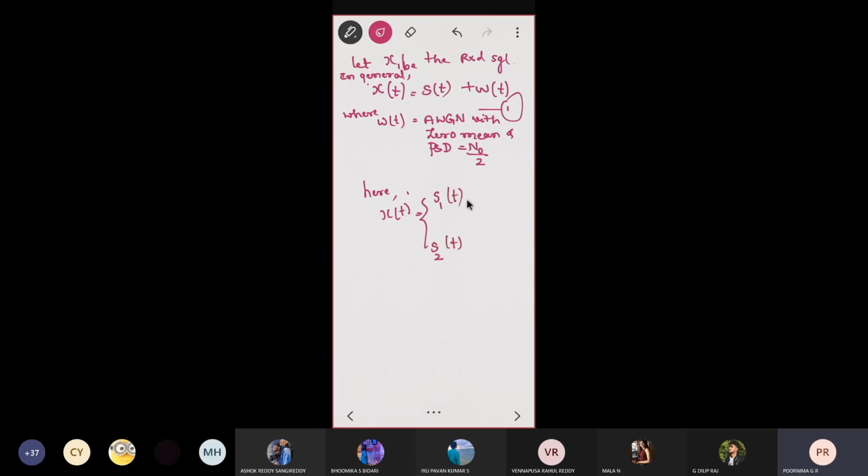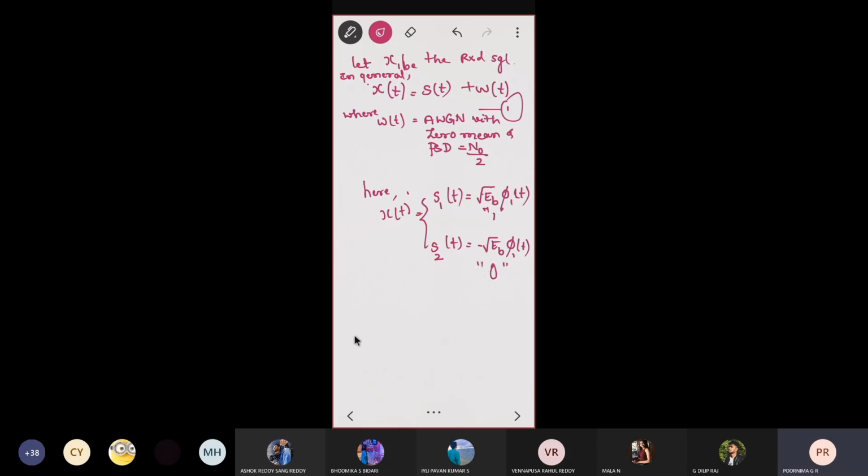When s1 of t will be received as x of t, when transmitted signal is symbol 1. So how do you represent this s1 of t in terms of basis function? Root of Eb into phi 1 of t. Similarly, s2 of t we are representing as minus root Eb into phi 1 of t. This is for symbol 1 and this is for symbol 0.